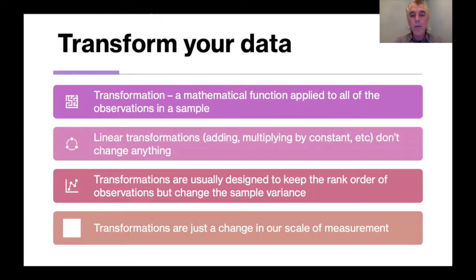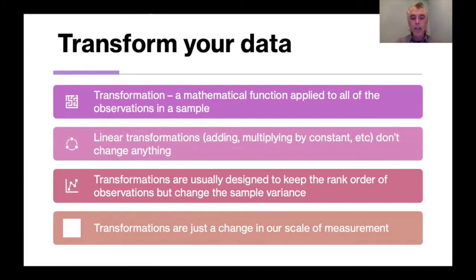The second thing that we might do if we find that our data are not normally distributed is to transform our data. A transformation is a mathematical function that we apply to all of the observations in our sample. Now, these typically aren't linear transformations, and what I mean by this is adding a constant or multiplying or dividing by a constant.